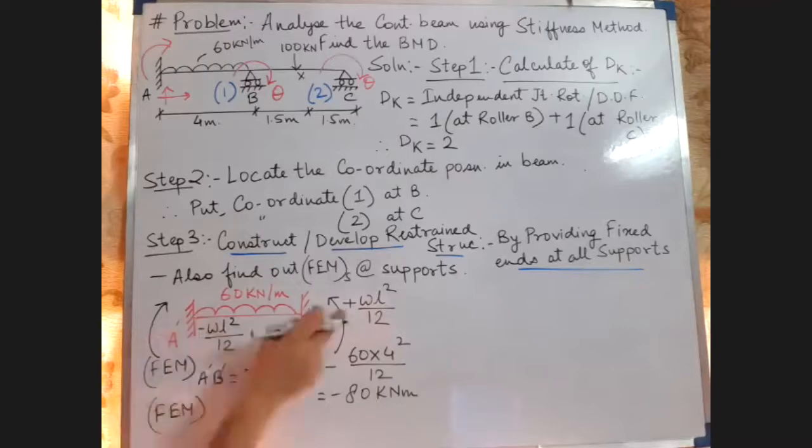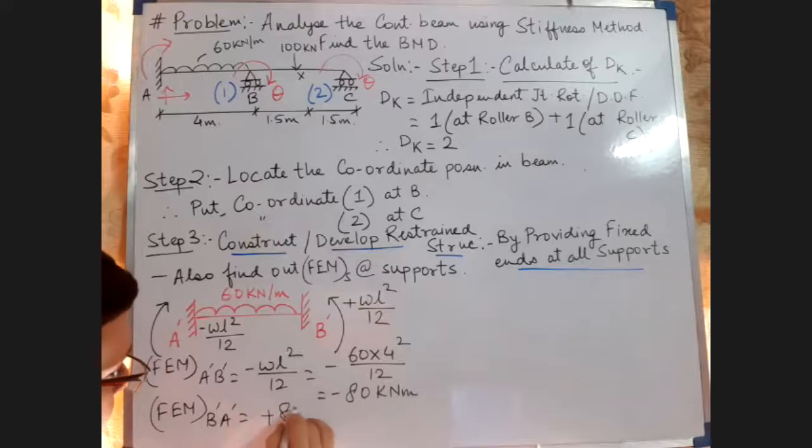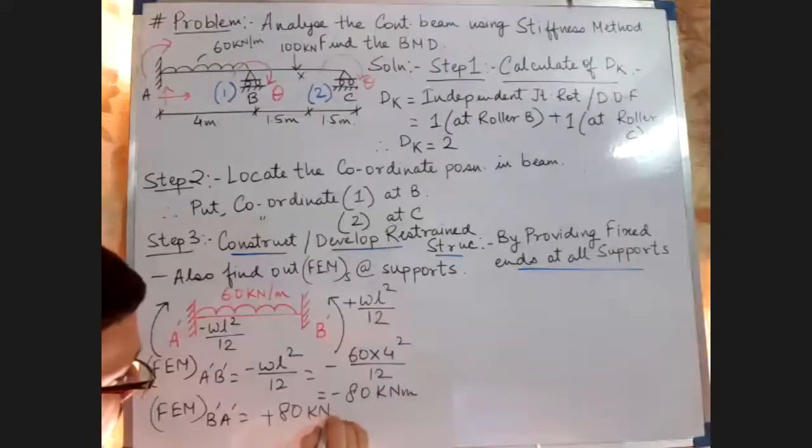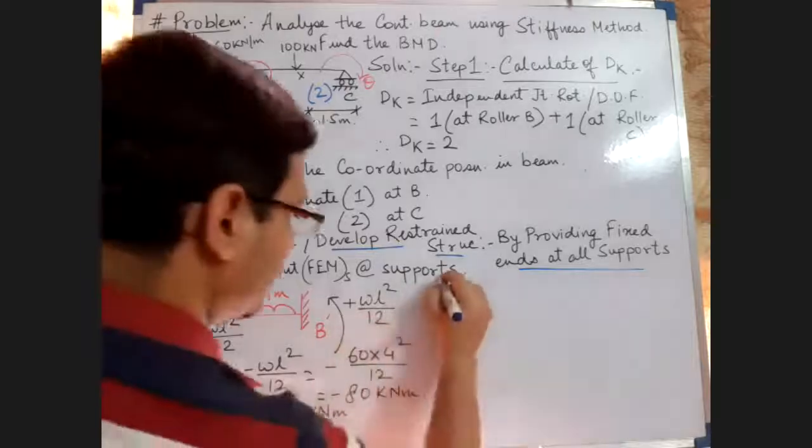So at A dash B dash we have got minus 80, then B dash A dash is the same but opposite, plus 80 kilonewton meter.